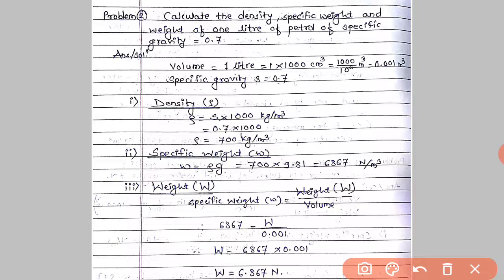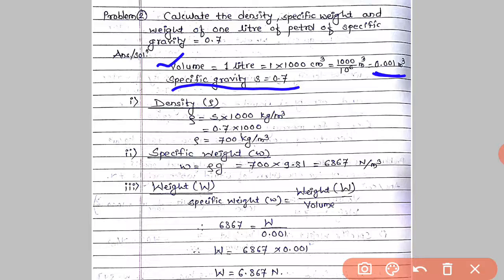What we have to calculate is first density, then specific weight small w, and weight capital W. So first of all write down the given quantities. Here volume is equal to 1 liter, so convert it into meter cube, 0.001 meter cube. Specific gravity S is equal to 0.7.